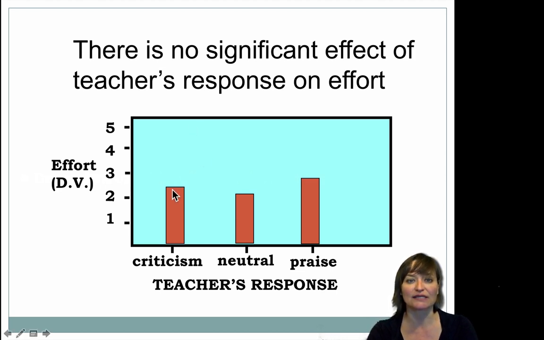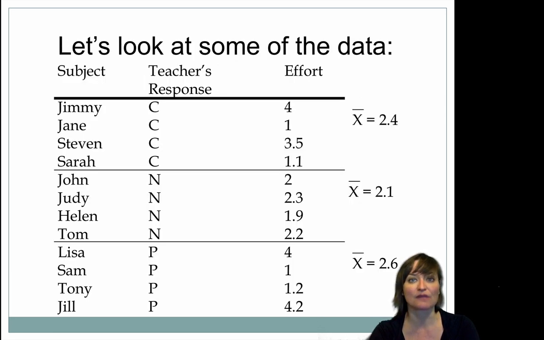And we would look at these and say, wow, the criticism, the neutral, the praise groups, they're all really about the same on effort on the next test. Wow, there's no significant effect of teacher's response. That's surprising, because it would seem that having these different responses might make you perform differently. But that would be the results of that first experiment.